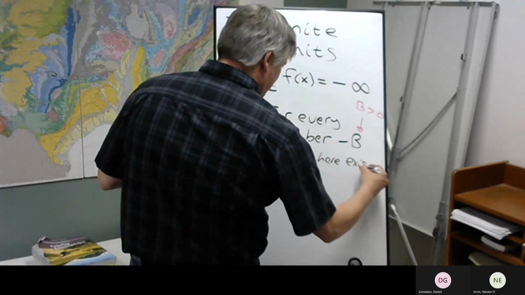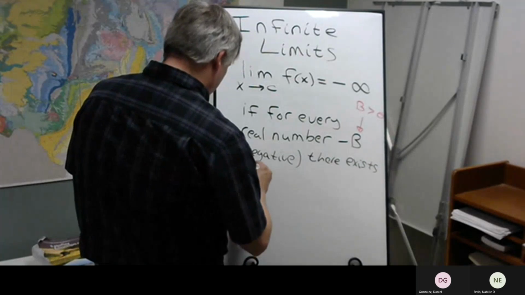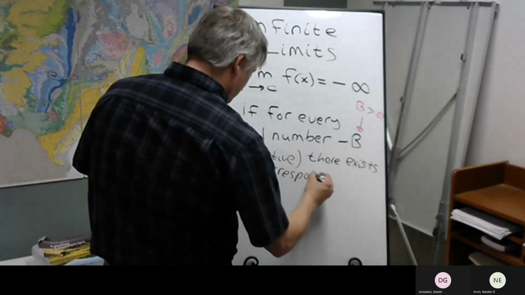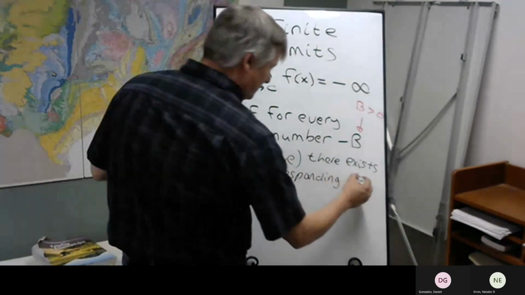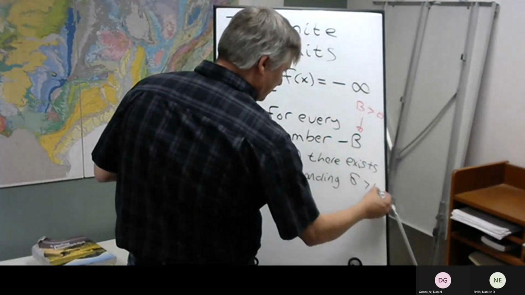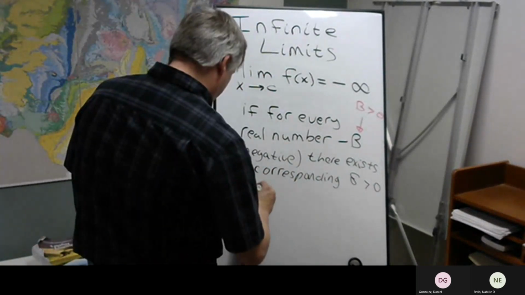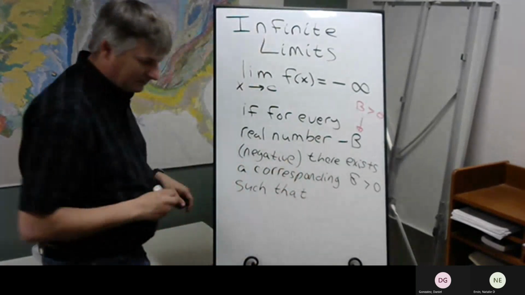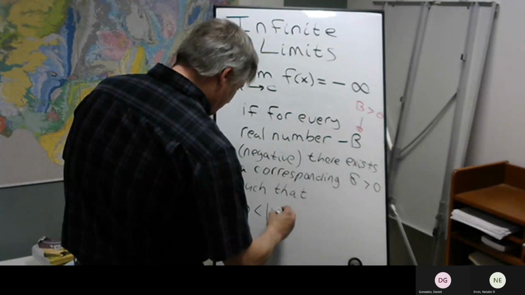There exists a corresponding delta greater than 0, such that, and again, as x is close to c.